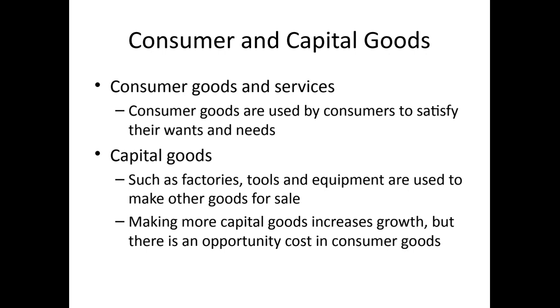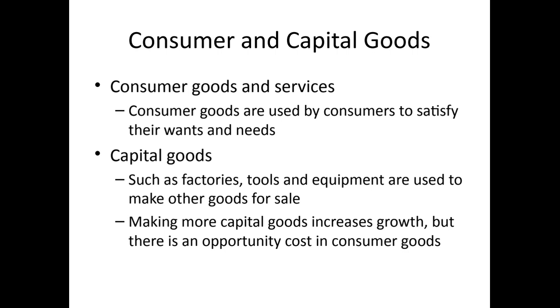That is the difference between consumer goods and producer goods. Let me give you an example, a very confusing example. Suppose I buy a hammer from Canadian Tire and I use that hammer for my own personal use, that is a consumer good.